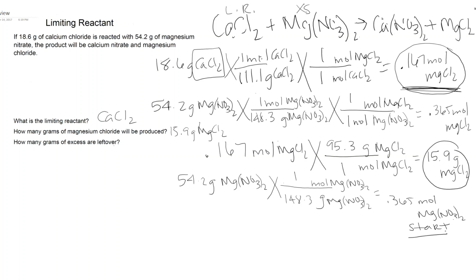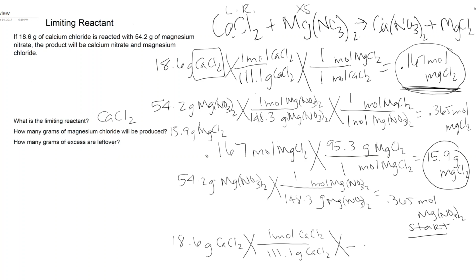Then we have to figure out how much is used. Whenever we figure out how much is used, we always have to use the limiting reactant as our starting number. So we take the 18.6 grams of the CaCl2 and change it to moles first. 1 mole of CaCl2, the molar mass is 111.1.